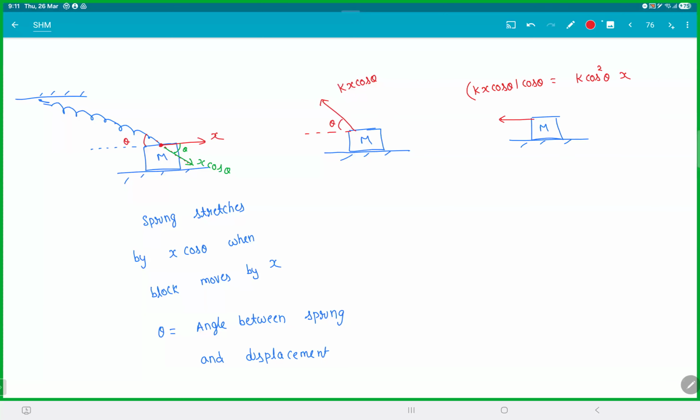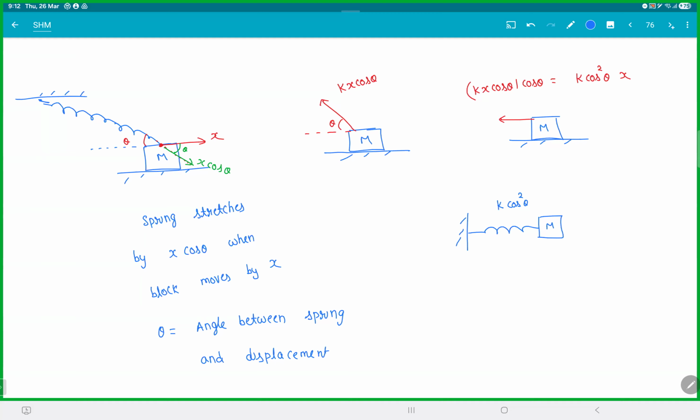So basically, you can replace this entire system with one spring in the horizontal direction, whose spring constant is k cos square theta. Making sense? Again, this is only for small changes in theta. So if you have a spring at an angle theta, you can replace that with a spring of k cos square theta.